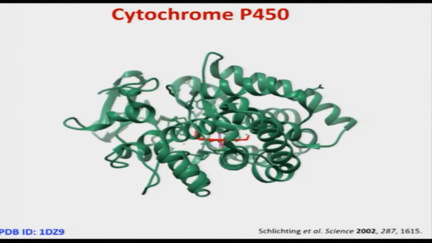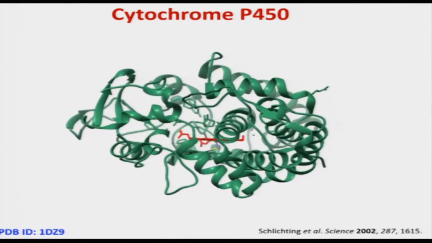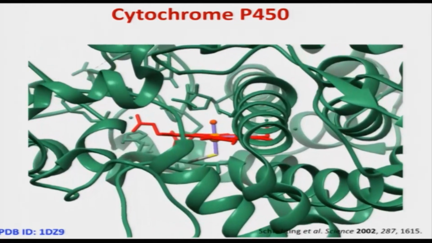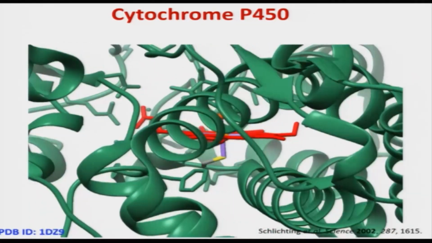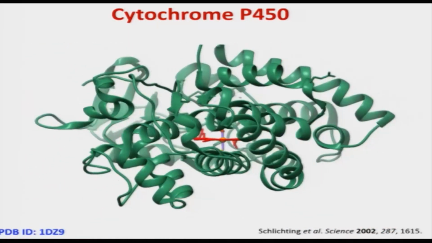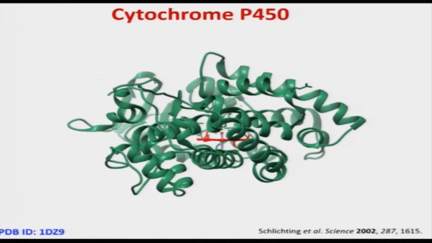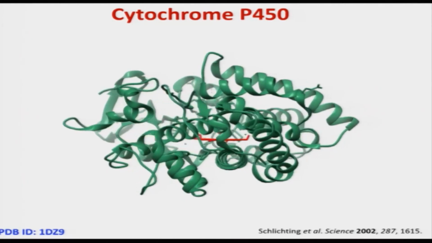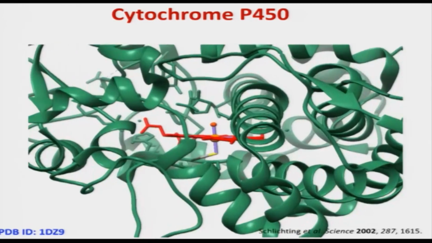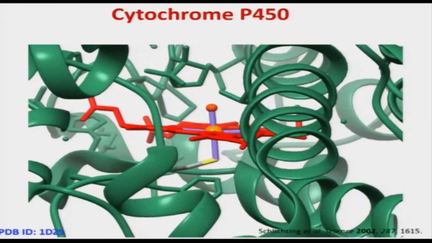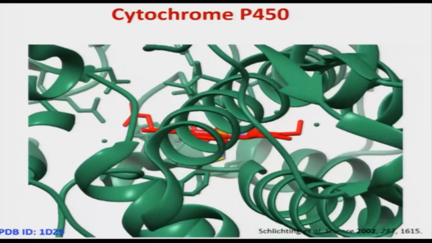So, the structure of cytochrome P450 is shown here. As you can see, there are huge protein chains wrapping these heme centers, and the iron in the heme center is actually responsible for its activity. However, then the question is what the proteins are doing. Of course, protein has some role.